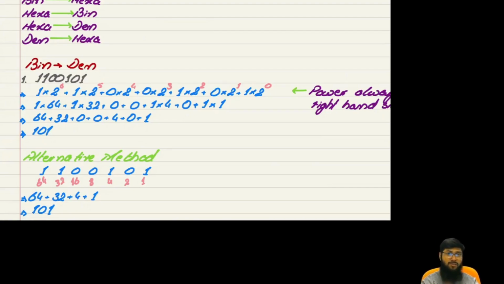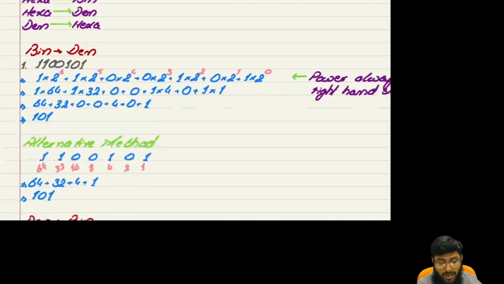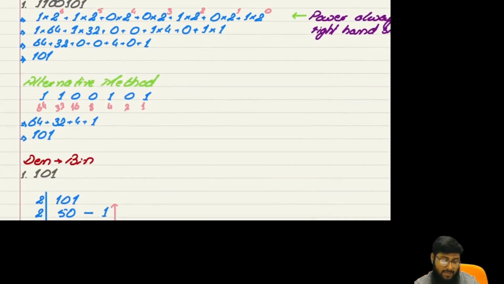For O levels or IGCSE students, what do we actually do? We do this alternative method. We separate each of the bits from one another and write the powers underneath, or you may write them at the top as well, that's not an issue. 64, 32, 16. Now I'm going to consider only those bits that are on right at the moment, because if it's a 0, that means the bit is off and it's not considerable.